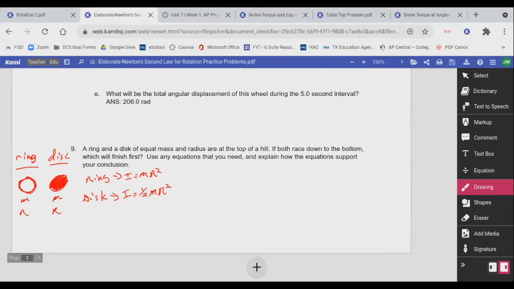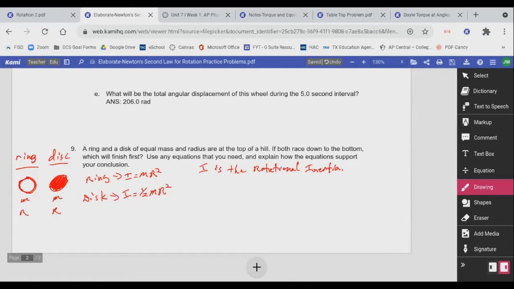And let's just define what I means. It's the moment of inertia or rotational inertia. So I is the rotational inertia. That is the object's tendency to resist rotation.